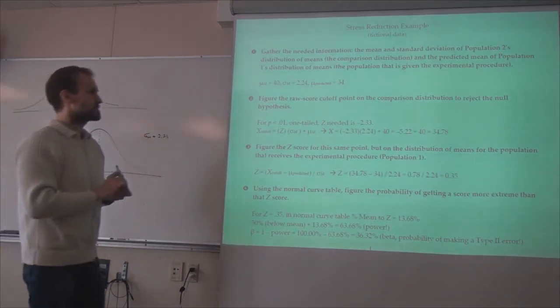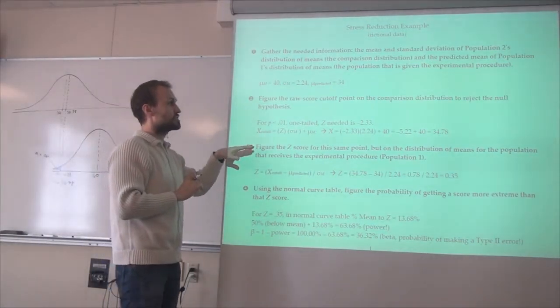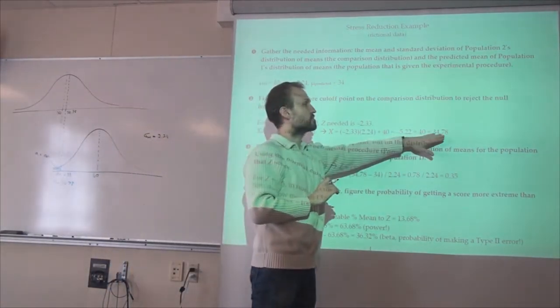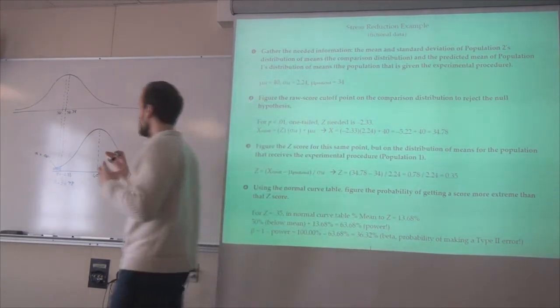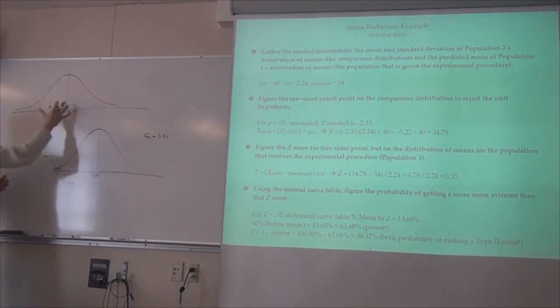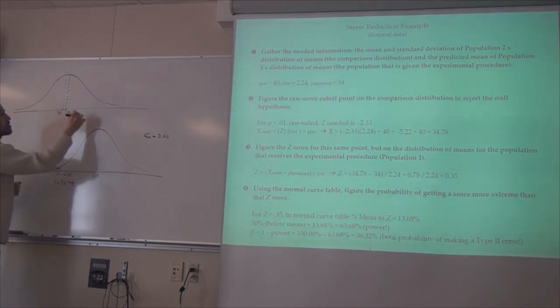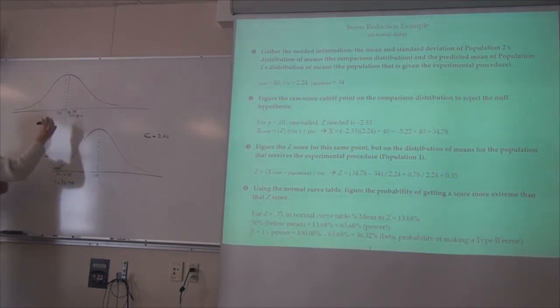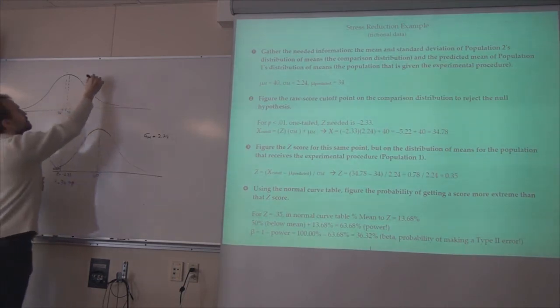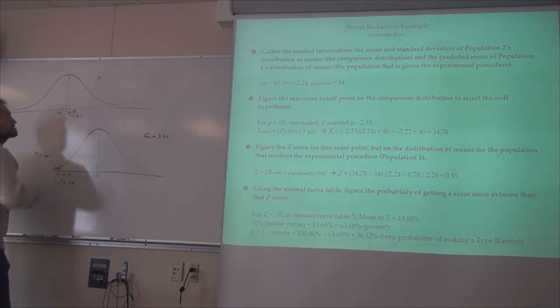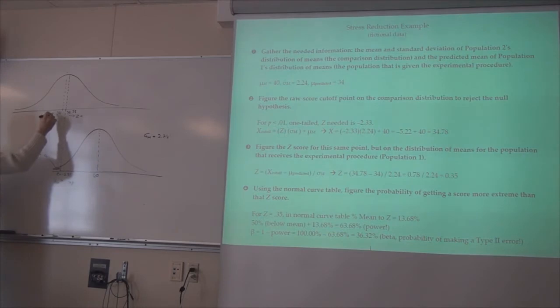So what do I do next? I want to see how this cutoff value sits in relation to my lowered mean. So what is the z-score here? That is my mu, let's call it predicted, and my standard deviation is still 2.24.